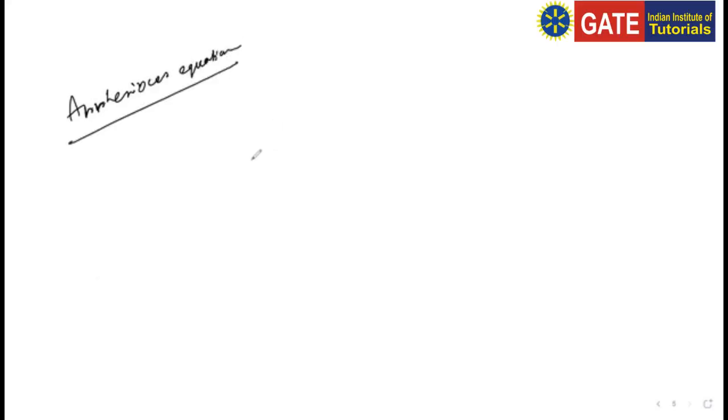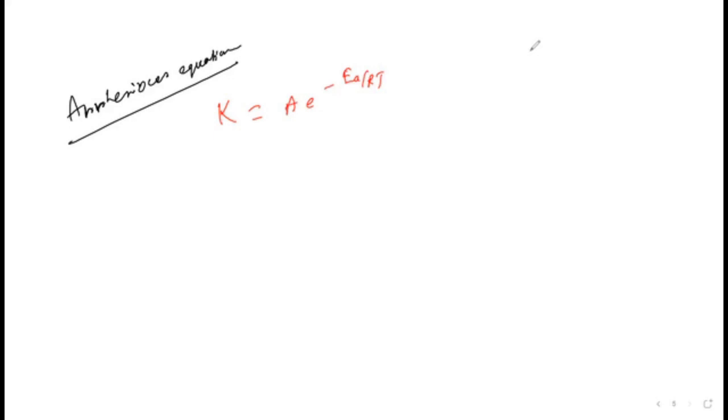Next, remember the Arrhenius equation. What is the Arrhenius equation? It has been observed that this is the equation. Remember, K is equal to A e to the power minus Ea by RT. This is from childhood, you already know this. What is A?